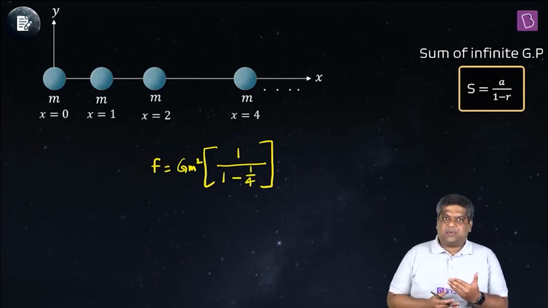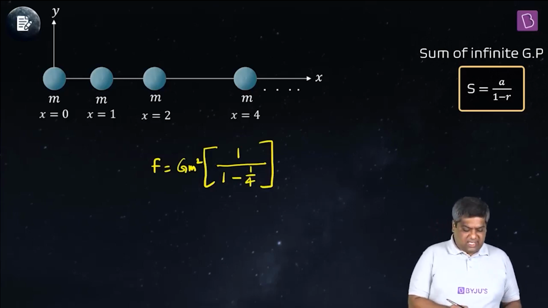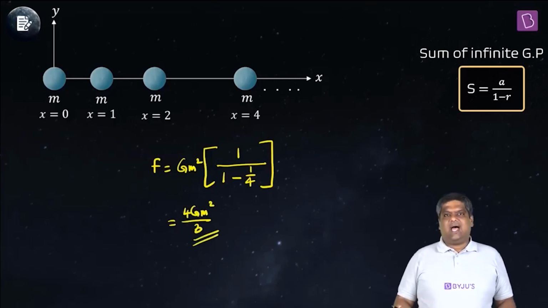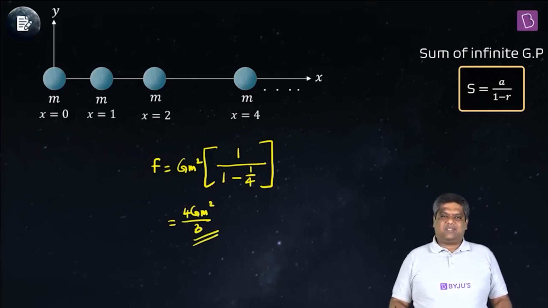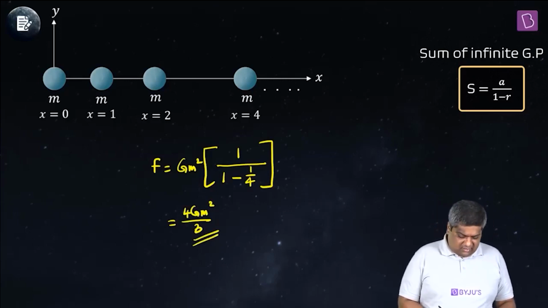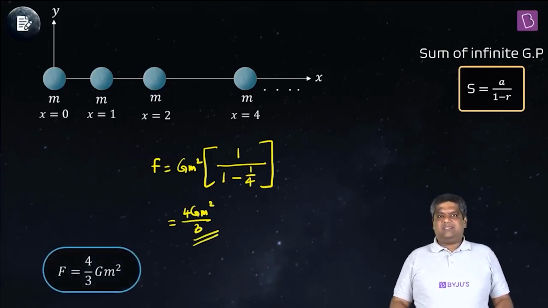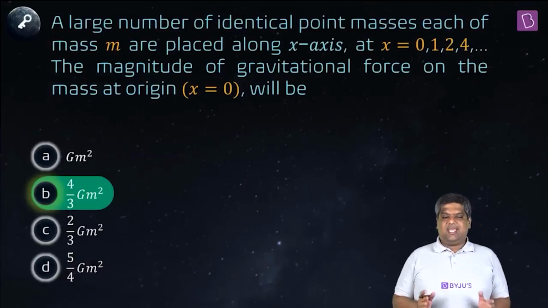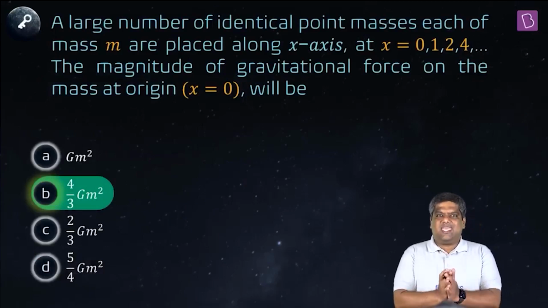And when it reciprocates, it becomes 4 by 3. So the answer turns out to be 4Gm squared by 3. That is the required answer for this particular question. The net force is 4 by 3 Gm squared. And which is the option that matches with this result? Yes, it is option B.